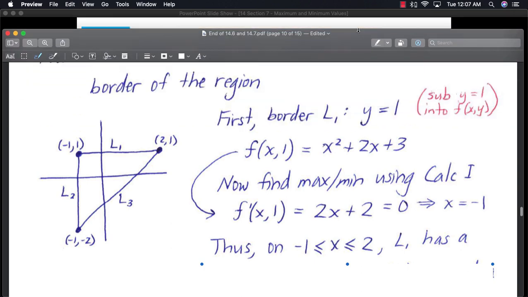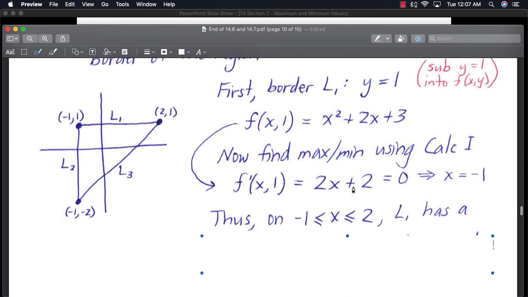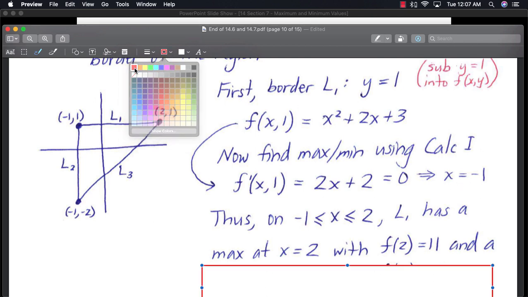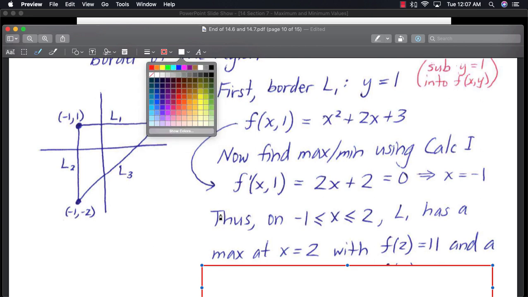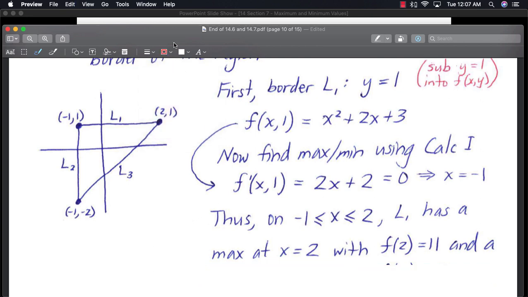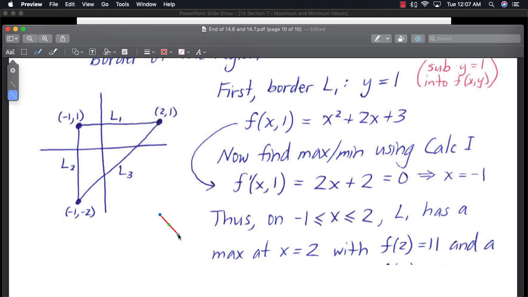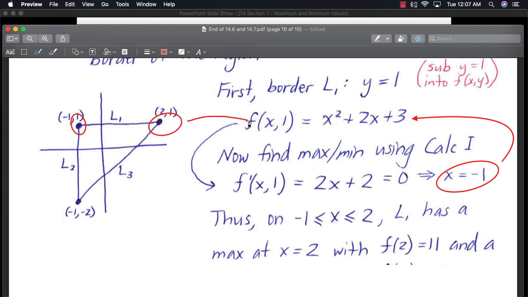And not only are you supposed to plug in this value into here, but you're also supposed to plug in the endpoints into this function as well.